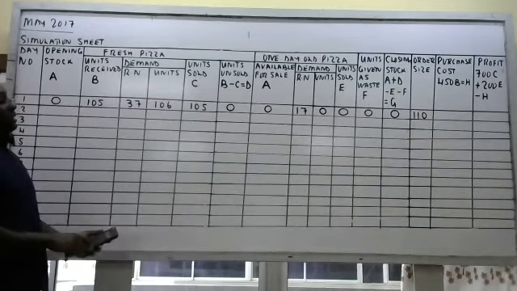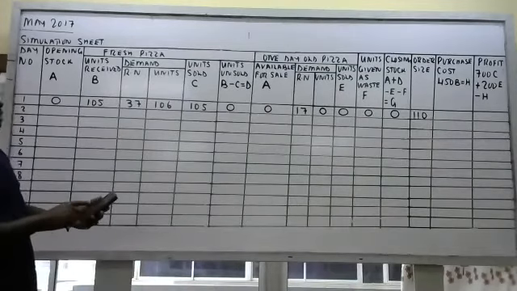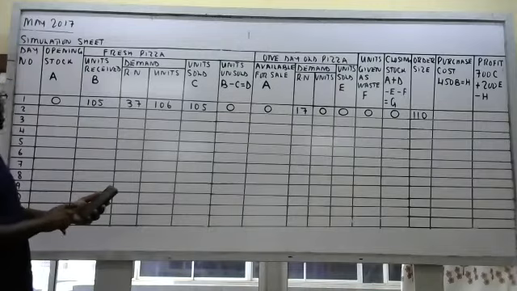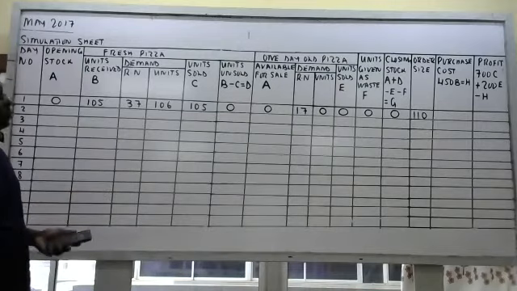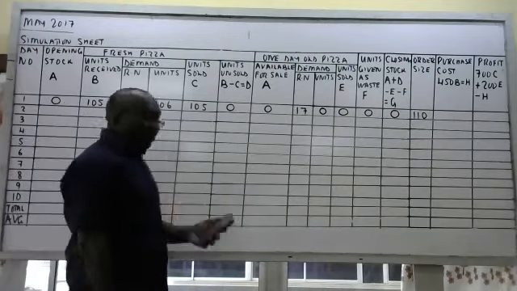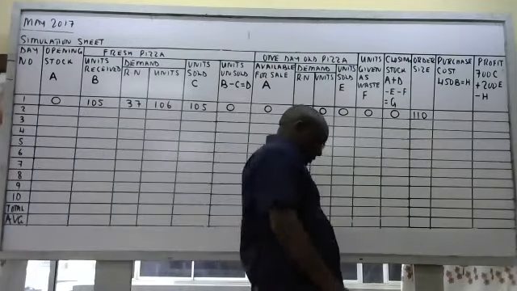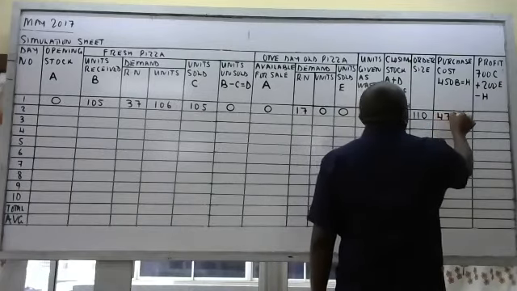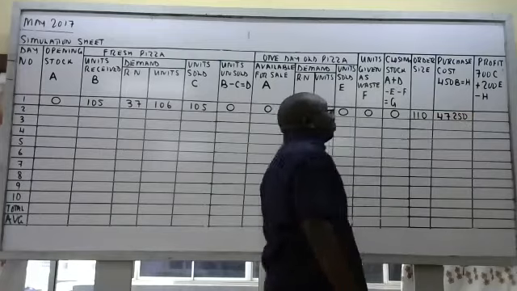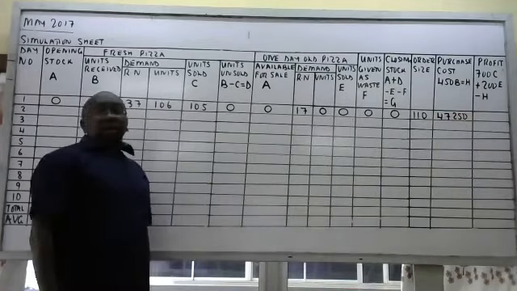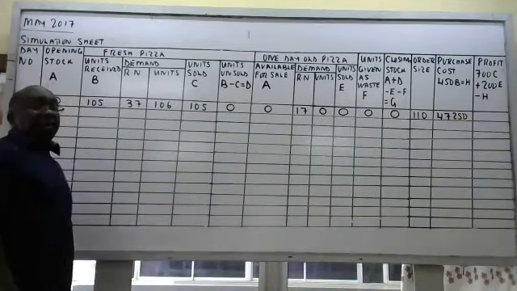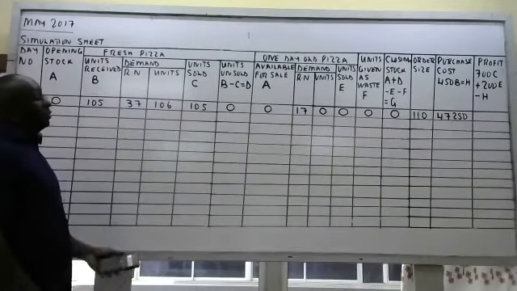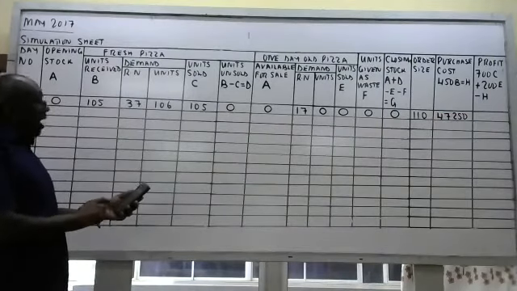So with that, the purchase cost will be 450 times 105. You get it? 47,250. And what would be the profit? You take 700 multiplied by C, which is 105.